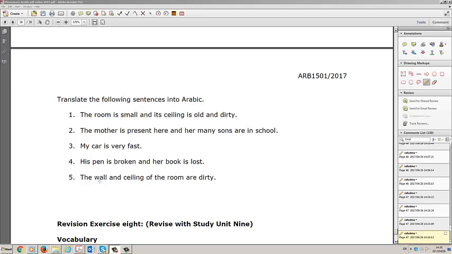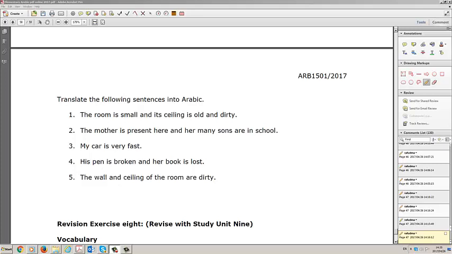The wall and the ceiling of the room are dirty. Here, this is interesting. We first use the wall is dirty and its ceiling. So, for example, you'll say جدار الغرفة, the wall of the room, جدار الغرفة واسخة. Sorry, جدار الغرفة وسقفها, and ceiling سقفها, because you're talking about the ceiling of the room.